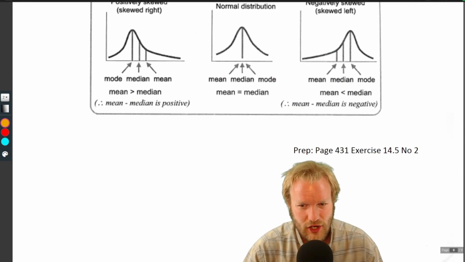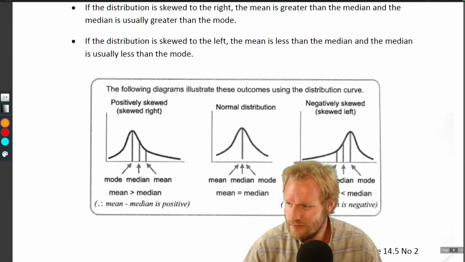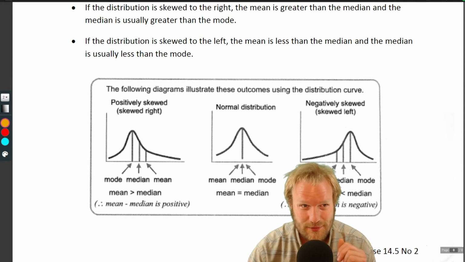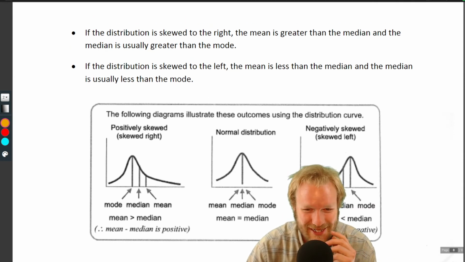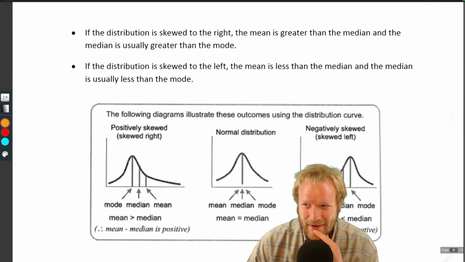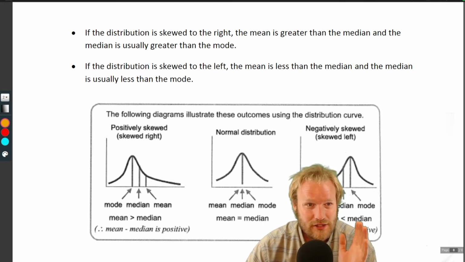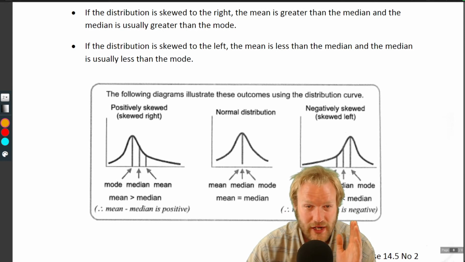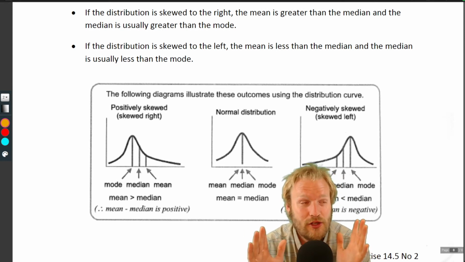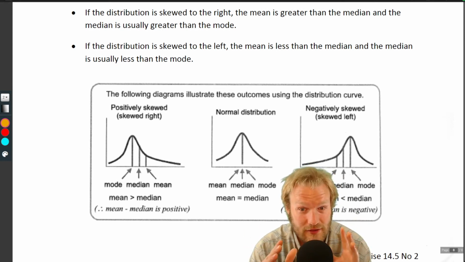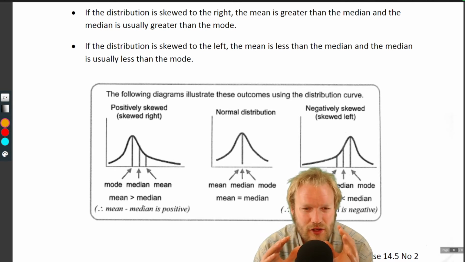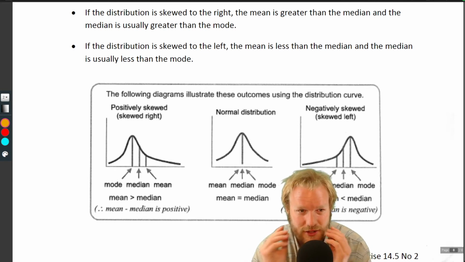Right, so the last piece of the puzzle. Let's see how we're looking. If we've got data that's skewed one way or the other, let's start with skewed to the right. So in our example of people driving, this means that we've got a whole lot more people driving faster.